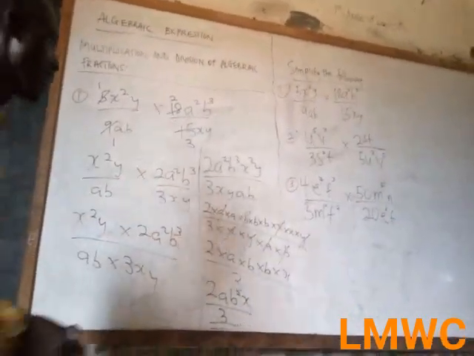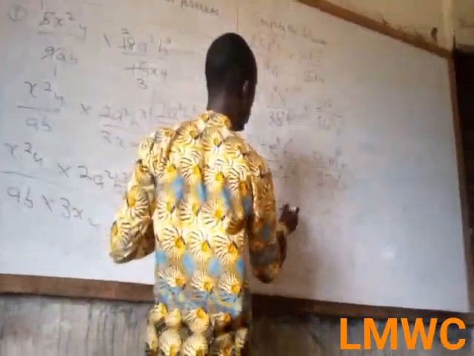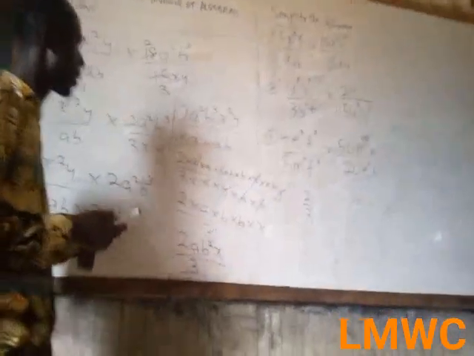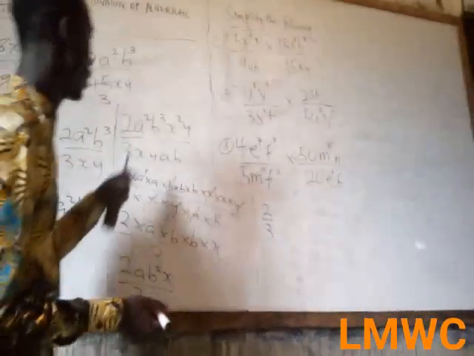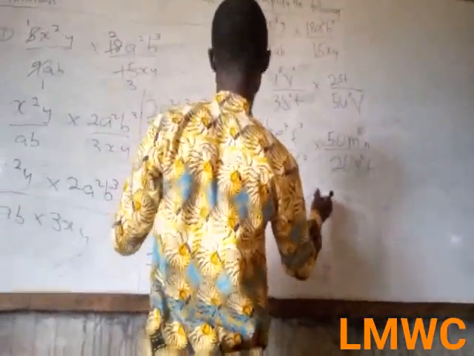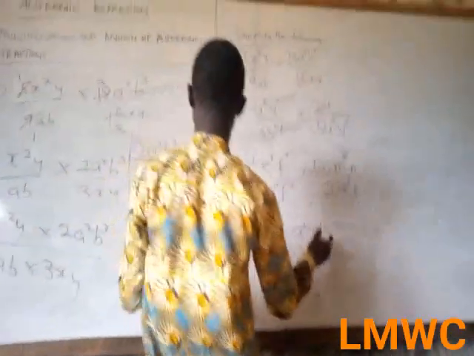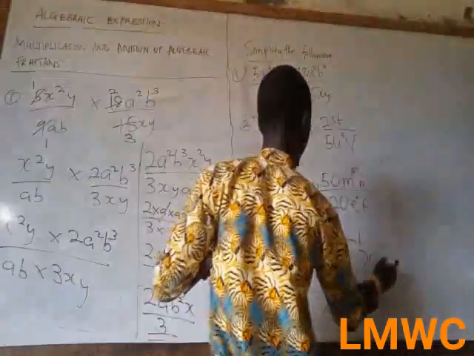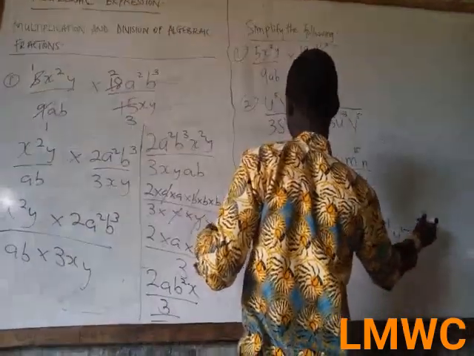Or you can apply indices. Let me apply indices. So we have 2 over 3. Now, you see, for indices, if you have the same base, you subtract the powers once they are divided. So we have a squared minus 1, b cubed minus 1, x squared minus 1, and y 1 minus 1.